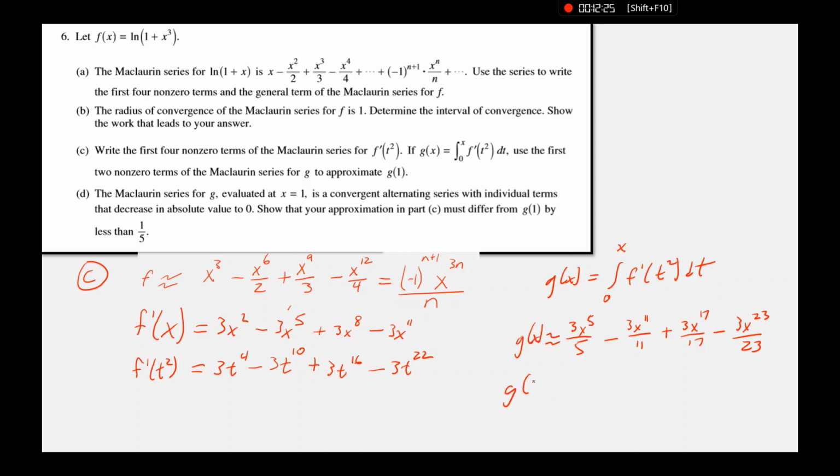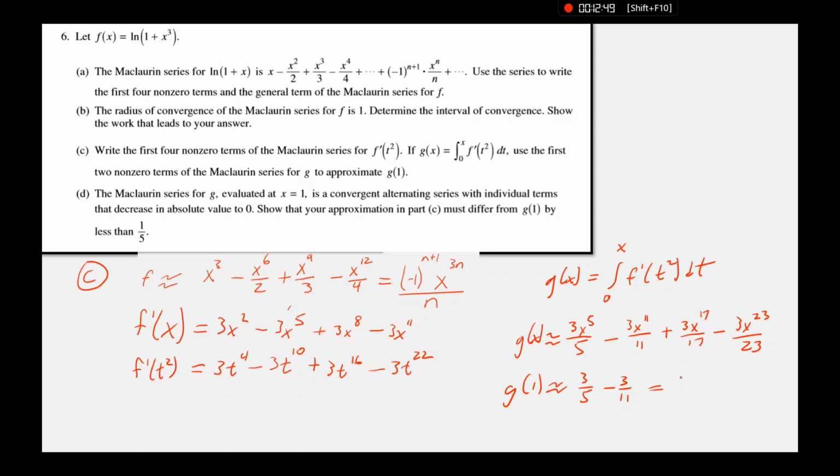Okay, and I need to use the first 2 non-zero terms to estimate g of 1. So what's our estimate for g of 1 using the first 2 terms? So it's 3 over 5 minus 3 over 11. Okay, common denominator?